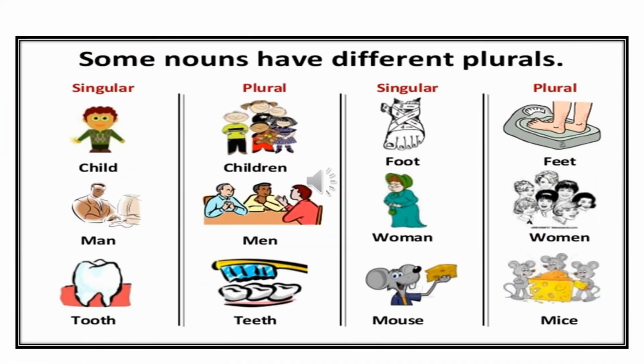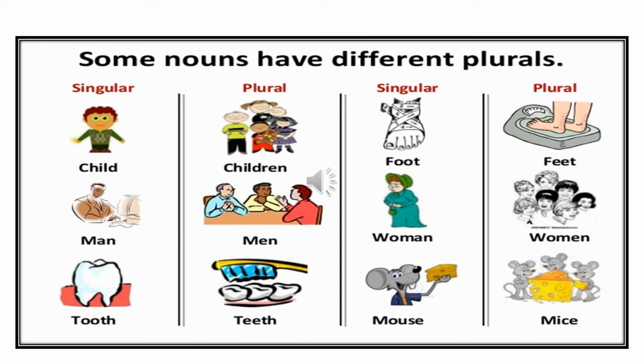Some nouns have different plurals also. It means when they are singular, the spelling is totally different from when we talk about plural. For example, the plural of child is children, which is totally different from the singular. In the same way, man, men. The pronunciation is almost the same, but the spelling changes: A becomes E in plural.